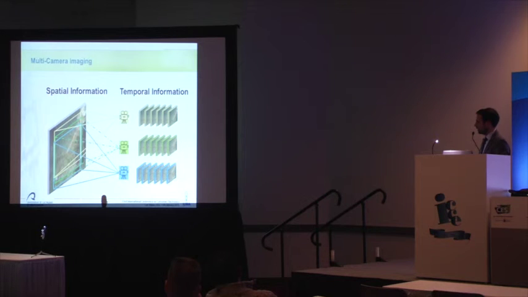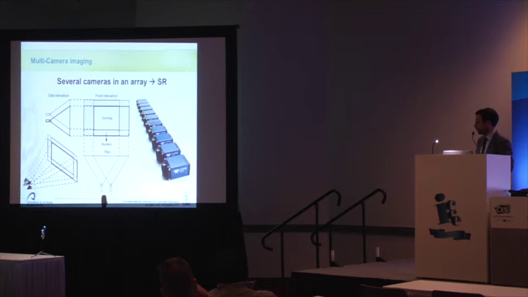But we can also use spatial information considering different cameras. If we get, for instance, in here 3 cameras and we got the overlap image, we can even get more information. Let's see an example.